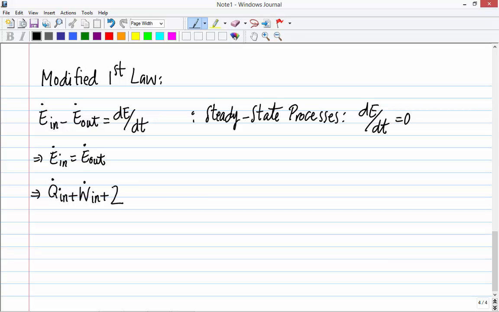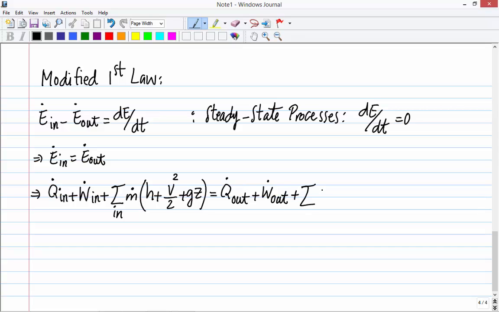So plus sigma in m dot times h plus v squared divided by 2 plus gz equals Q dot out plus W dot out, and again the sigma summation over all the outlets, m dot times h plus v squared divided by 2 plus gz. And that's it.